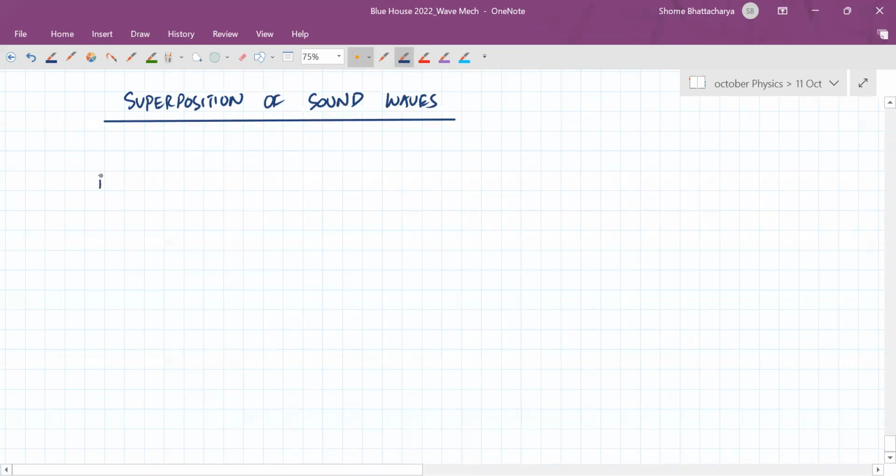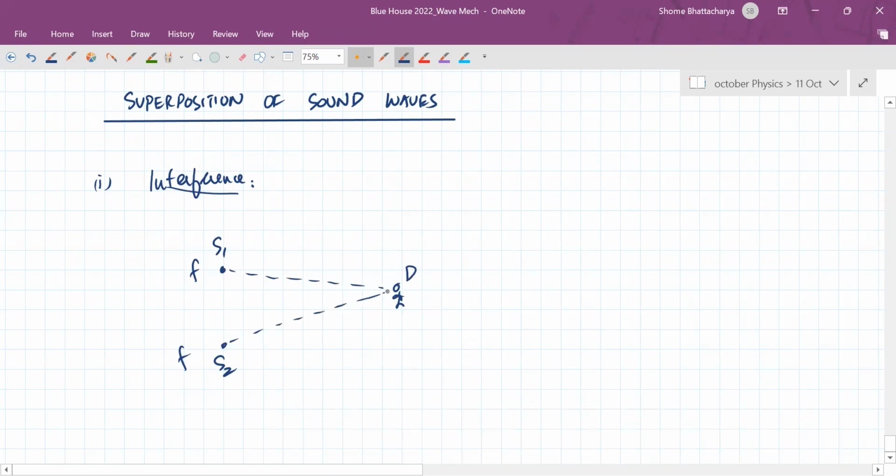The first part we will look at is interference. So in interference, what is going to happen is, if we have two sources of sound, which might have whatever amplitudes, but they have the same frequency, and we have an observer or a detector somewhere here, then the pressure waves coming from both of these are of the same frequency and wavelength.